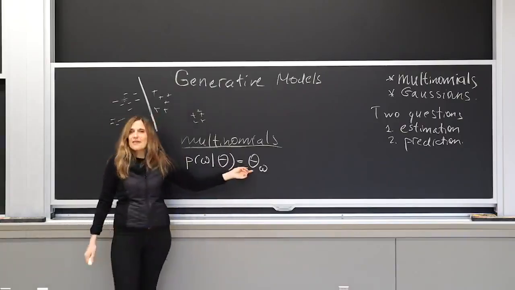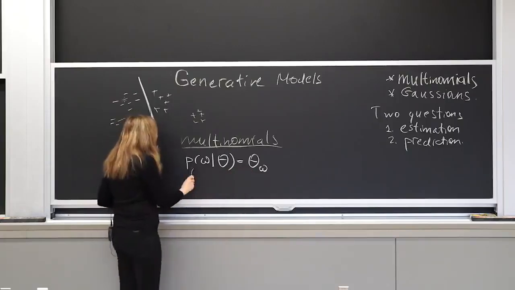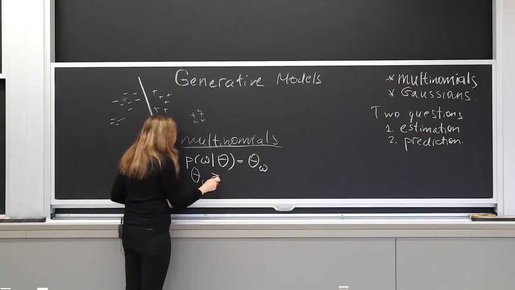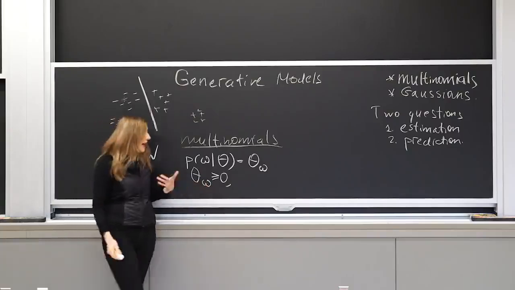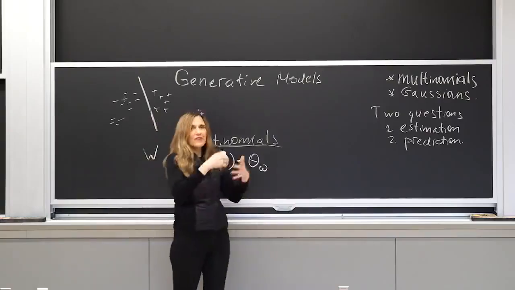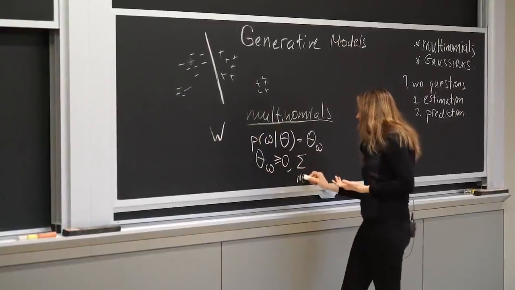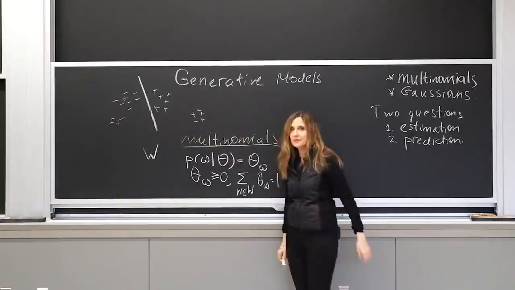So what kind of constraints do we need to have on the theta W to make sure that we have a valid probability distribution? So first of all, we need to make sure that each one of theta W's is bigger or equal to 0 because these are probabilities. And the second constraint is that if we look over the whole vocabulary, over the big W, we need to make sure that they all sum to 1.